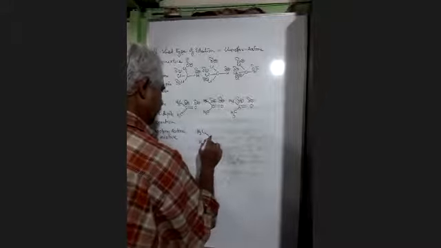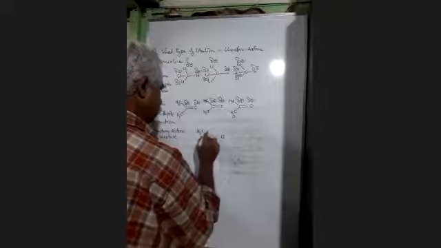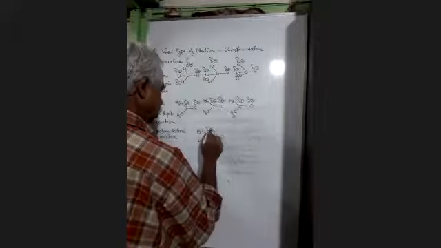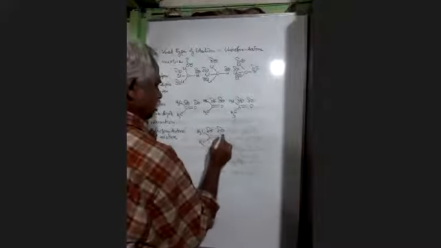Others are so selfish. So what is going to happen? See here. The moment you mix them, look, this oxygen is already having 2 lone pairs, and moreover, it pulls electron from the carbon.